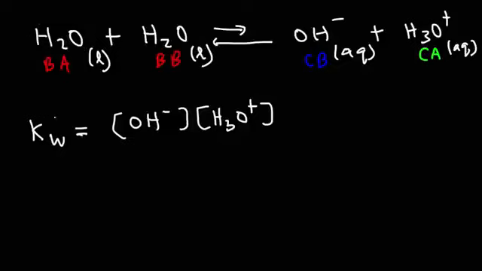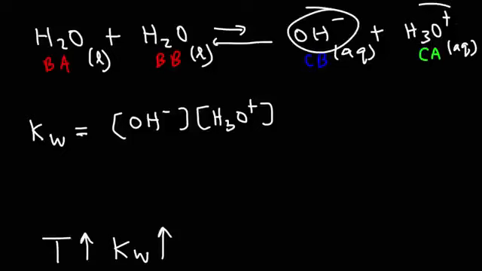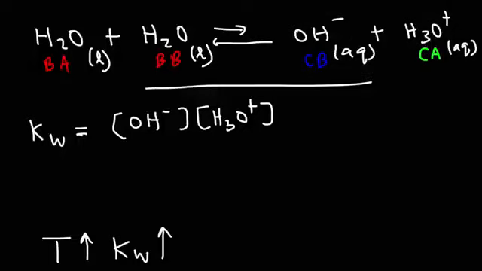Now Kw is an equilibrium constant that is dependent on temperature. If you increase the temperature, Kw increases, which means more of the water molecules will ionize into these ions at higher temperatures. At lower temperatures, these ions convert back to the liquid form, but at higher temperatures, they will ionize more into these two.